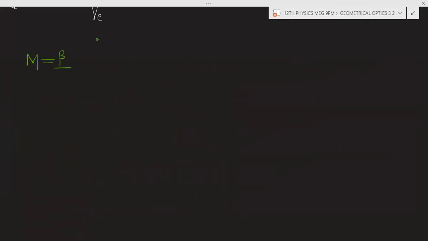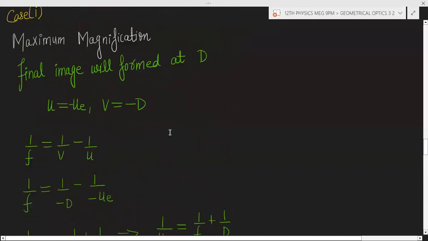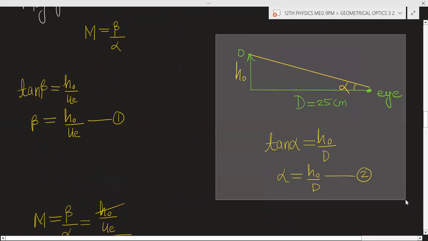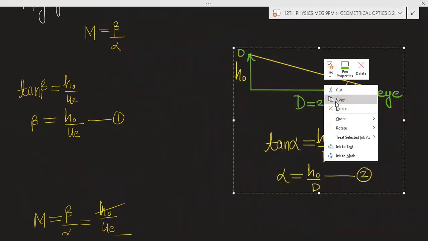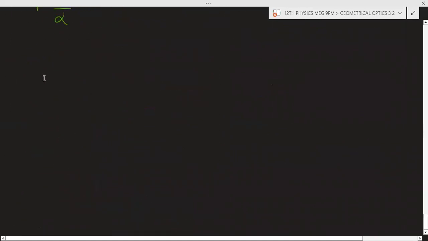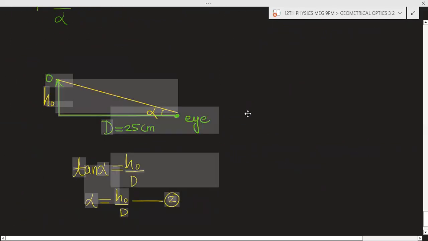Beta divided by alpha. Alpha is this. The procedure to calculate alpha will remain same. This is alpha.